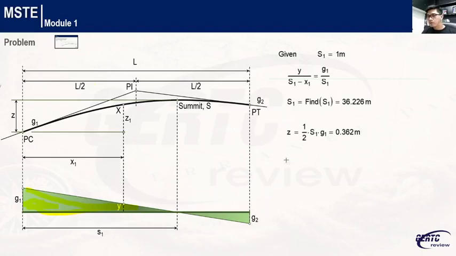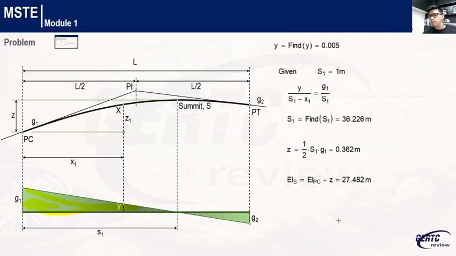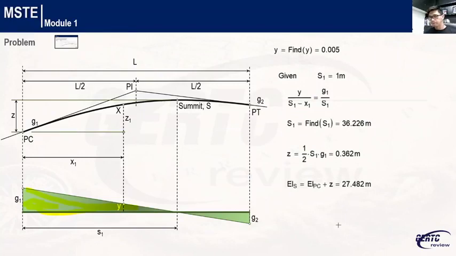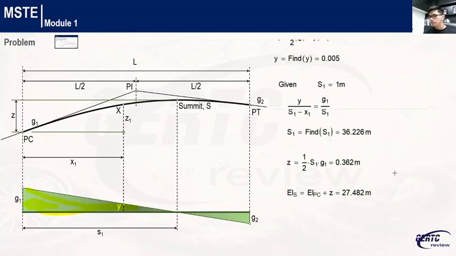We have the value of the Z, then solve na natin yung elevation of the summit. Therefore, the elevation of the summit S is equivalent to elevation of PC plus Z. I hope that is clear, no? 27.482 meters. Okay, 27.482 meters. Correct ba?